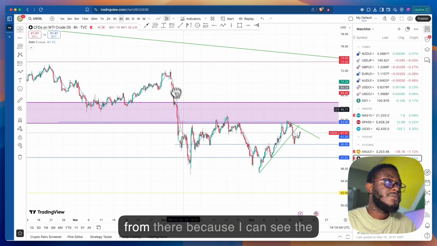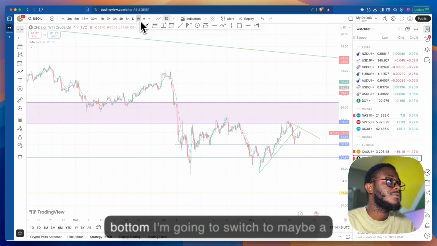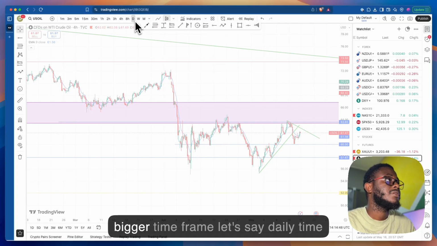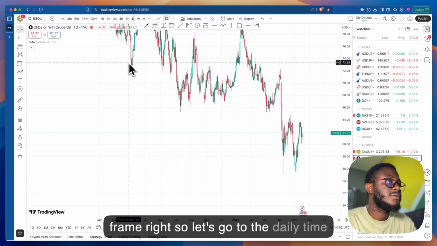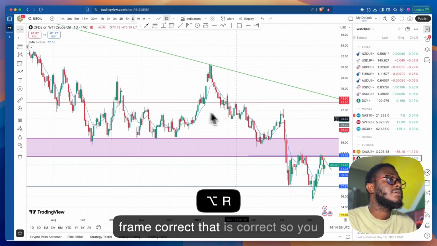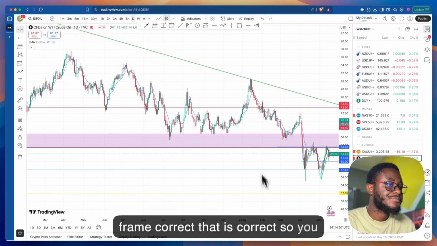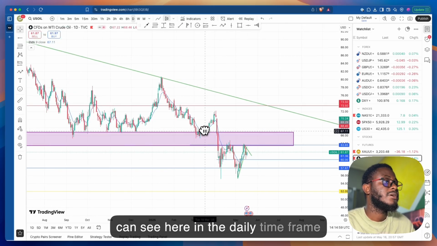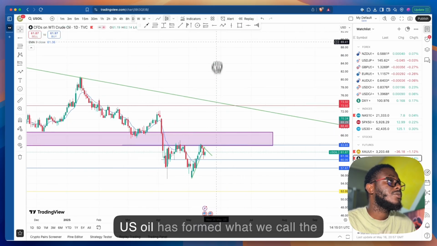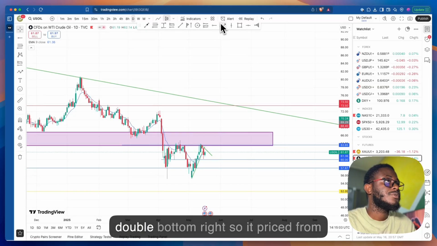Because I can see the double bottom, I'm going to switch to a bigger time frame, let's say the daily time frame. So you can see here in the daily time frame, US oil has formed what we call the double bottom.